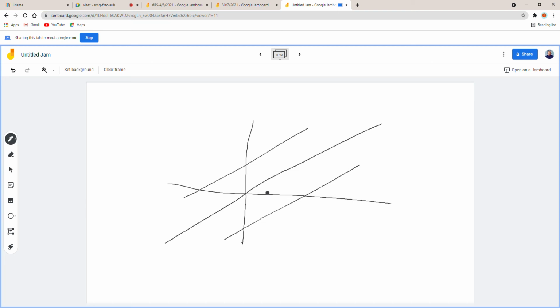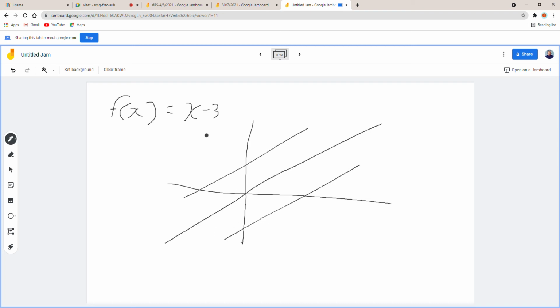One more time. Let's say f(x) equals x minus 3, so it is linear, and you have to draw it like this.